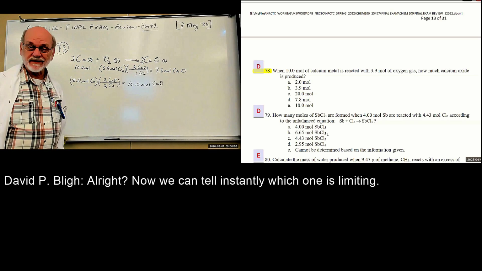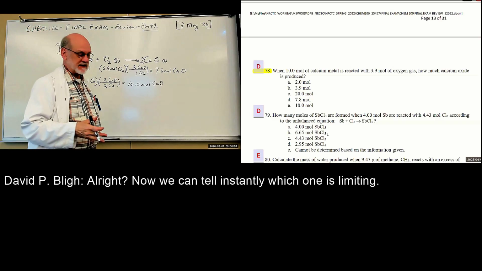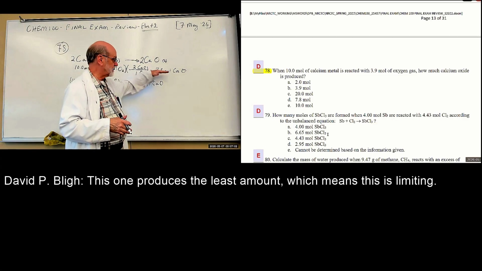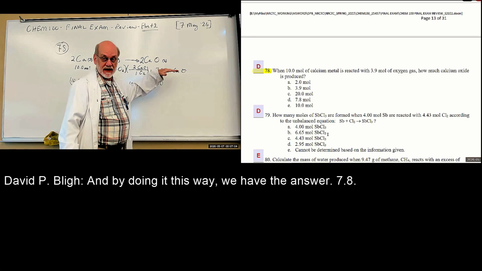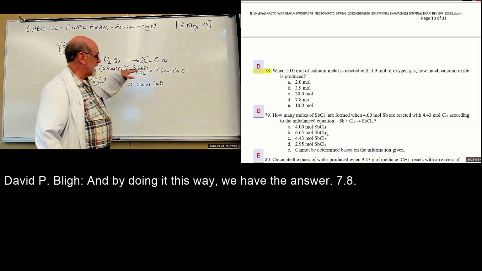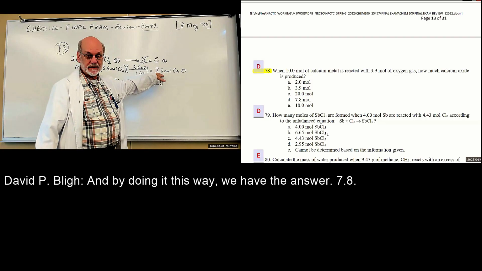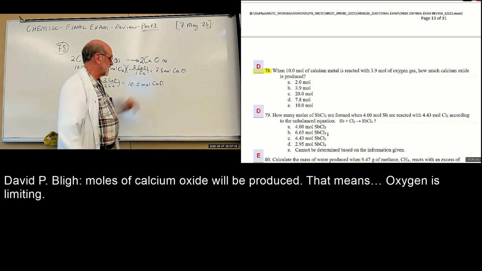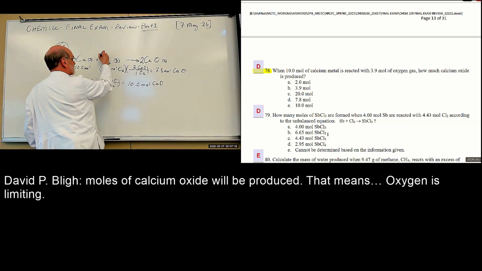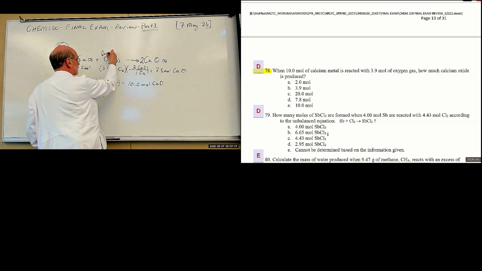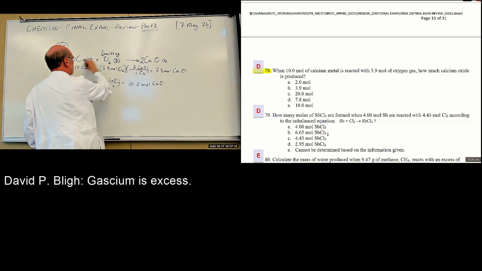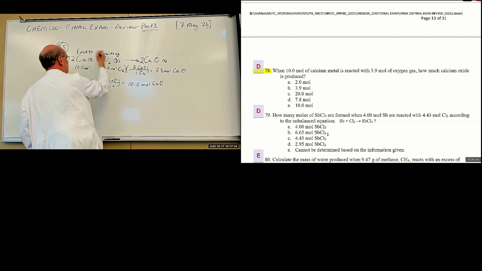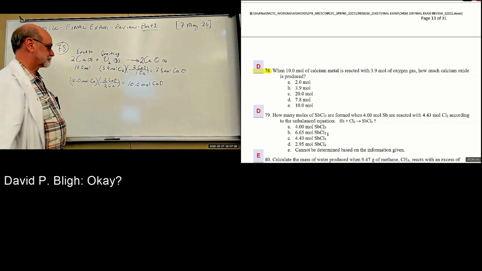All right, now we can tell instantly which one is limiting. This one produces the least amount, which means this is limiting. And by doing it this way, we have the answer: 7.8 moles of calcium oxide will be produced. That means oxygen is limiting. Calcium is in excess.